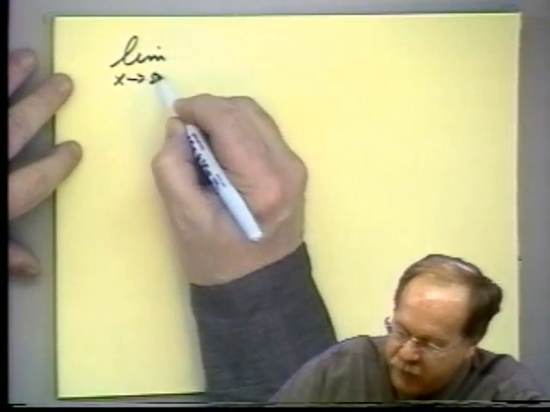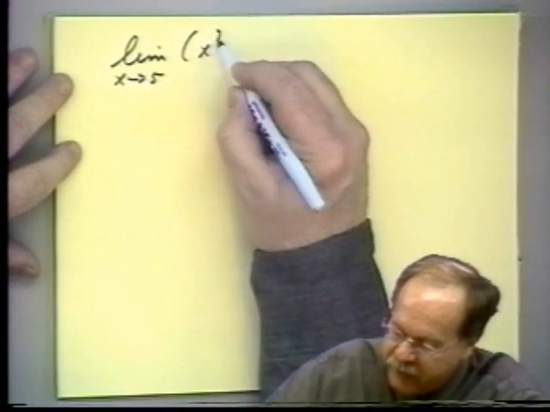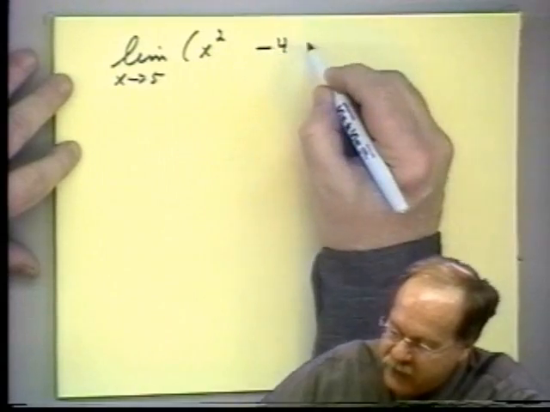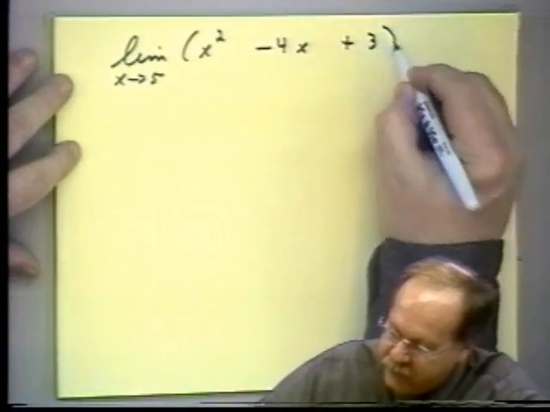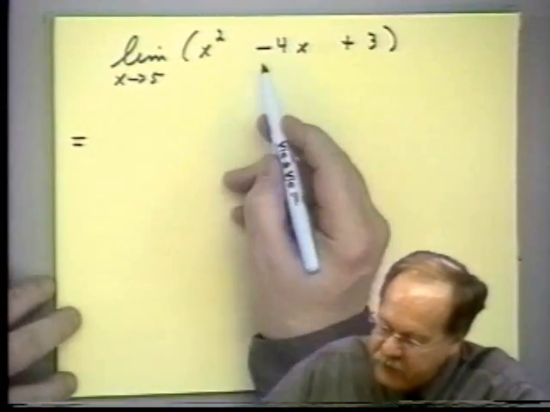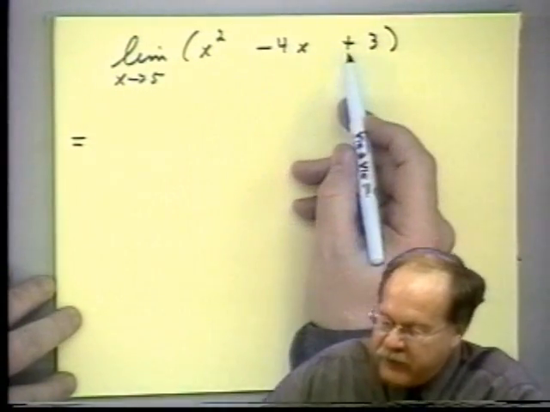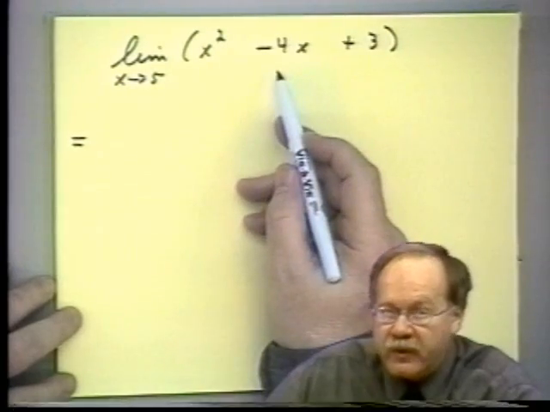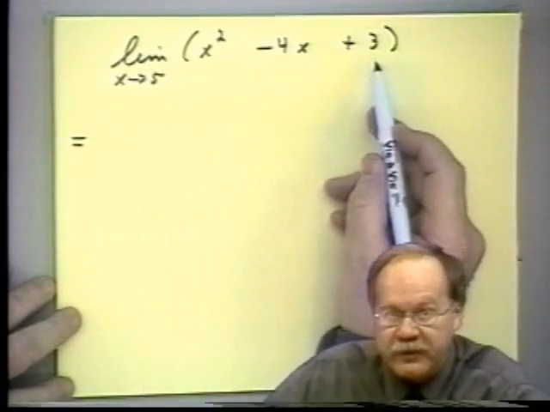The limit as x approaches 5 of, and I'll spread this out a little bit, x squared minus 4x plus 3. Now, the first thing you notice here is that you have a difference and a sum. We'll use those rules to break this up into 3 terms.